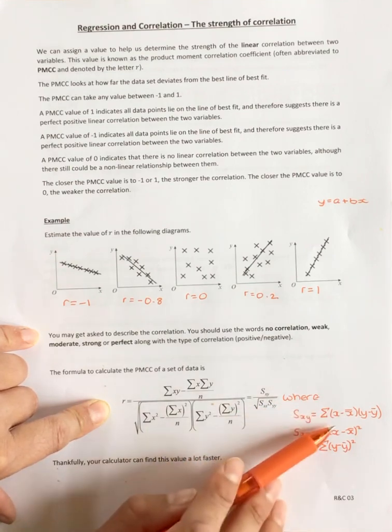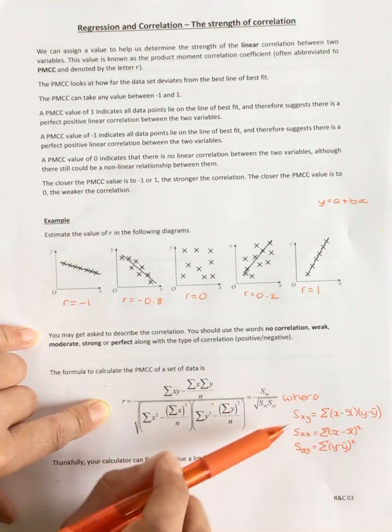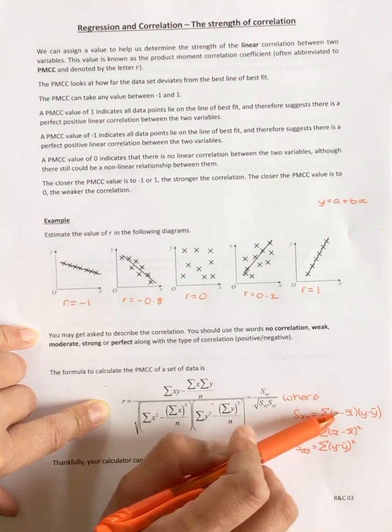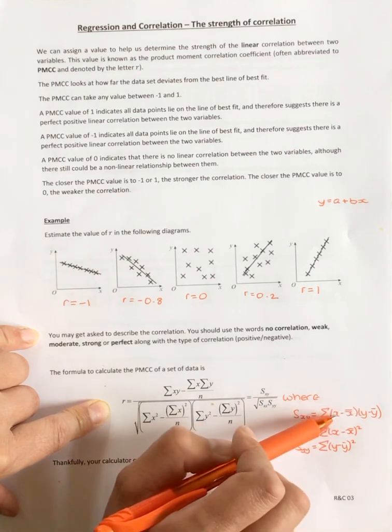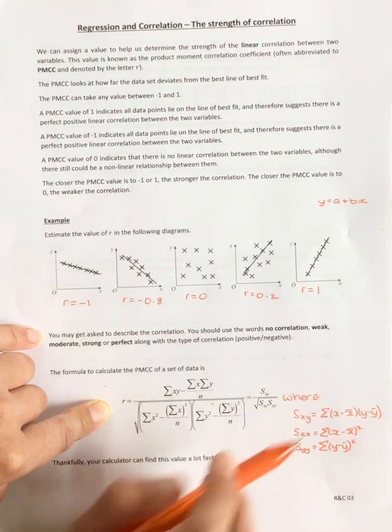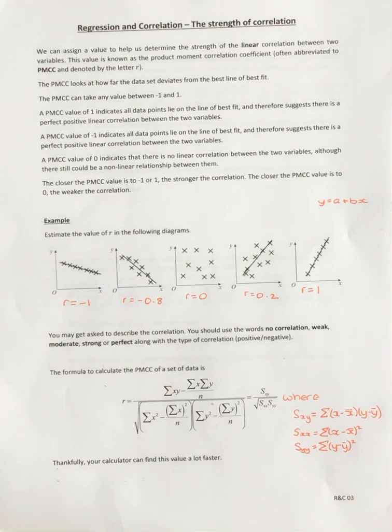It can also be written like this, so Sxy is the sum of your difference between every data point and the mean for the x values times every y value take away its mean. And then we would add that together for every single set.